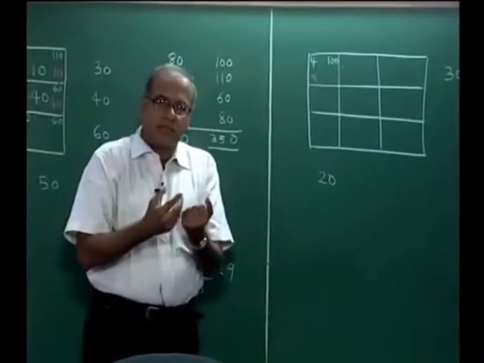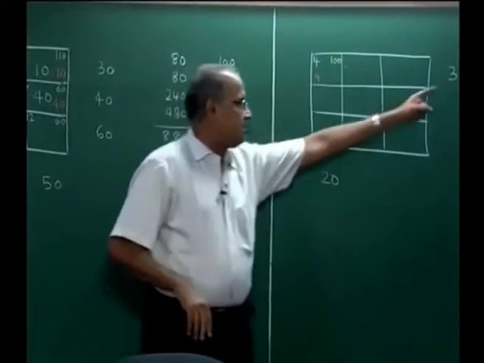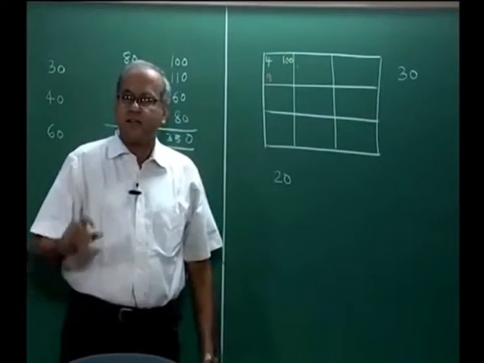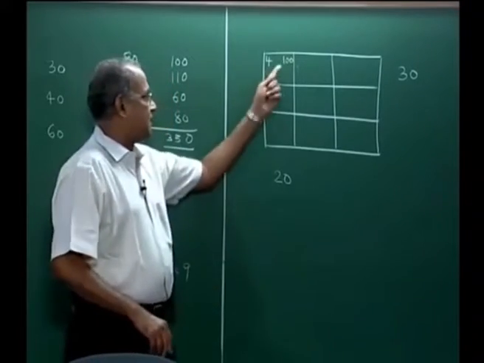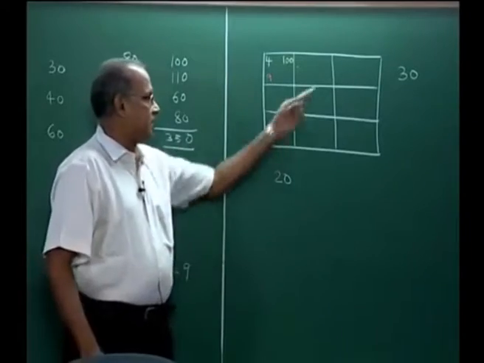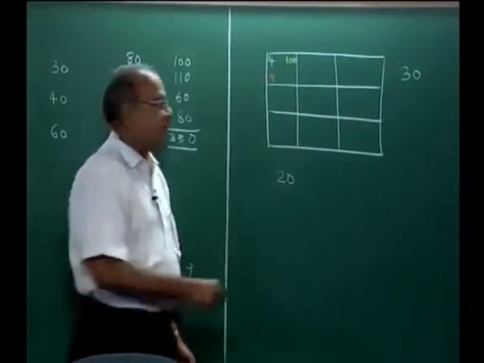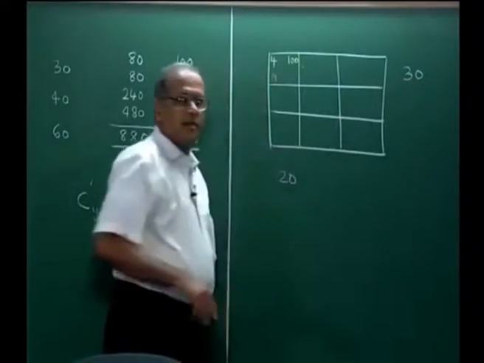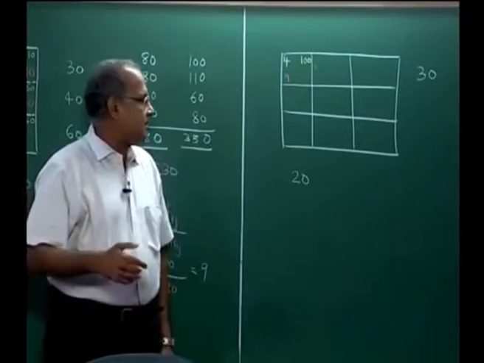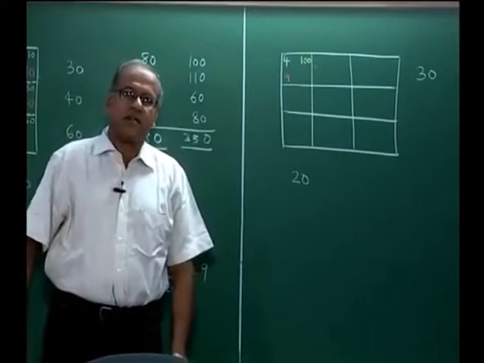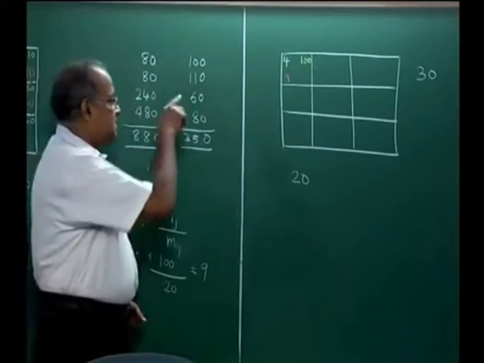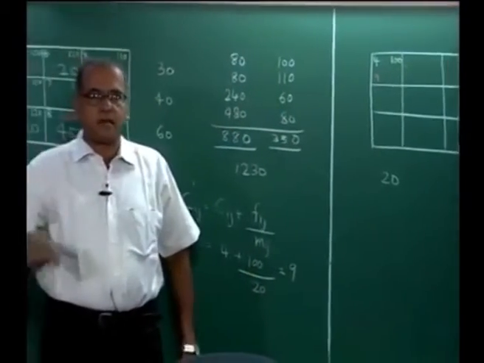The maximum that can be transported is the minimum of the two numbers 30 and 20, which is 20. Therefore, this 100 should be used in transporting a maximum of 20. So, per unit the apportionment of the fixed cost can be 100 by 20, which is 5, and therefore, C dash ij becomes Cij plus Fij by Mij.